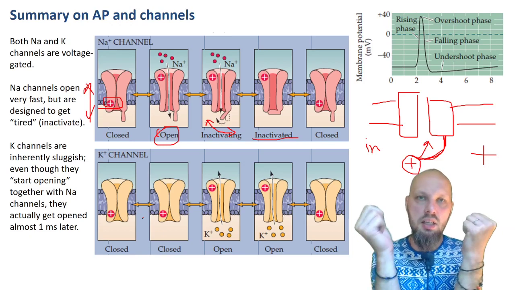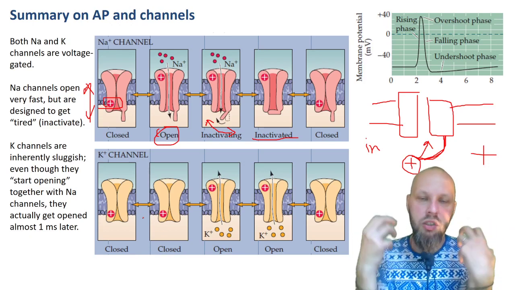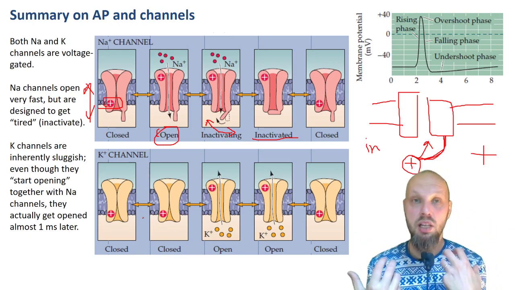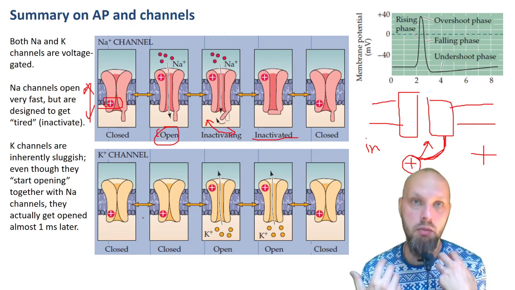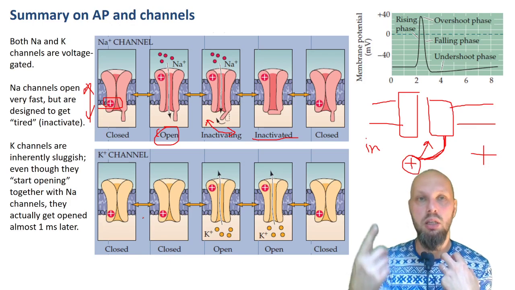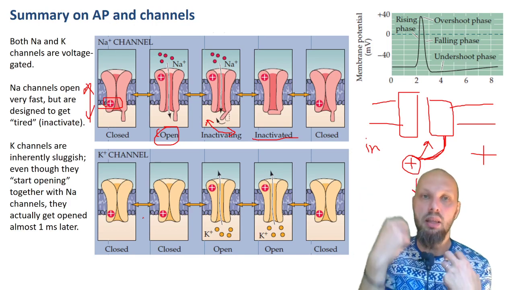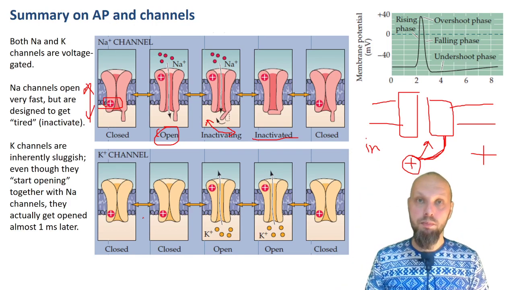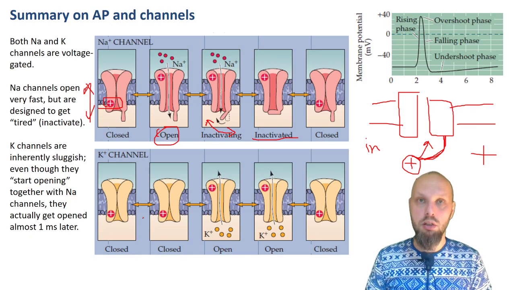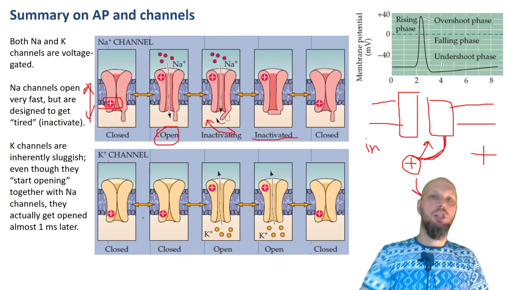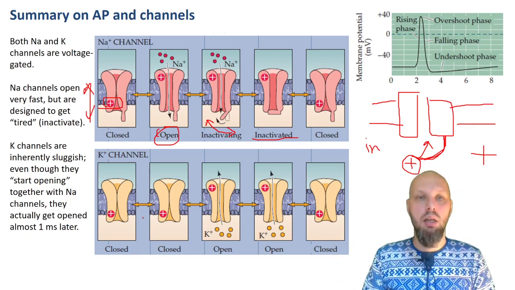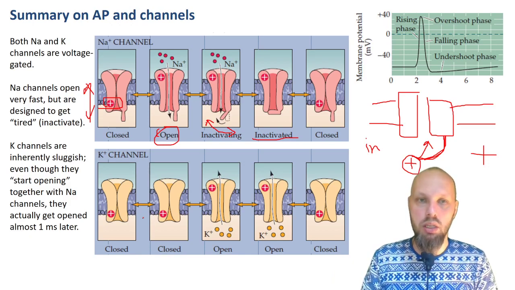Only once all of them move does the channel open, and the result is that they open with a delay. By that time, the cell is already depolarized, but now they open, potassium starts to leave, sodium channels shut down, and the cell returns to its original state.